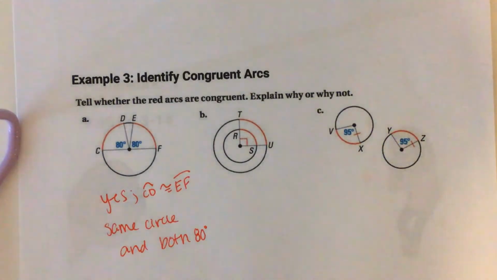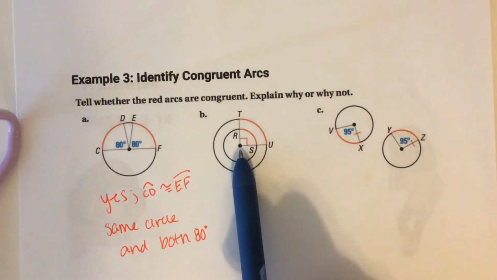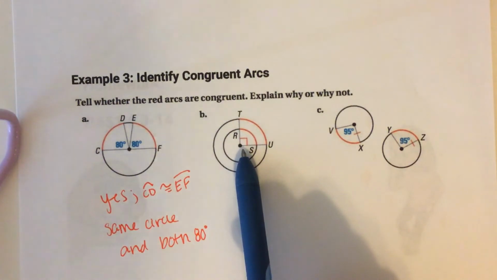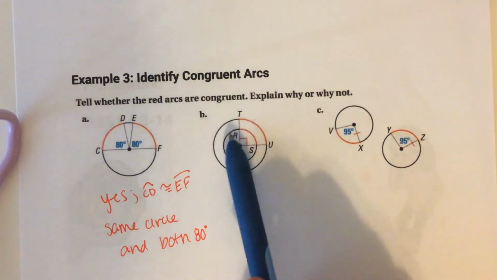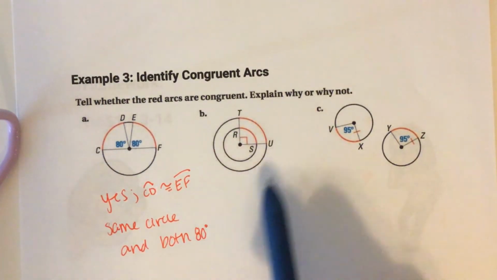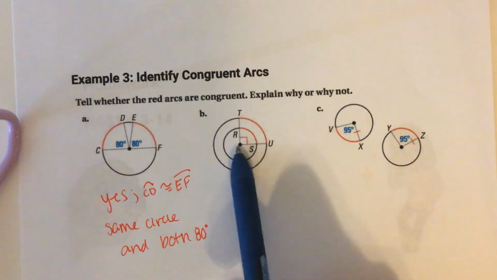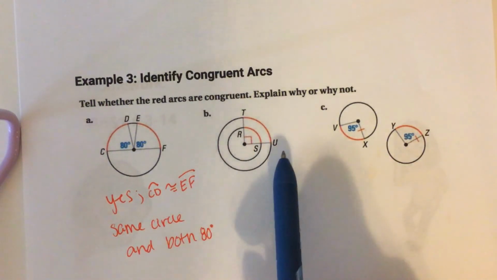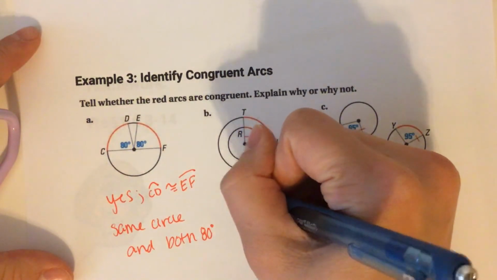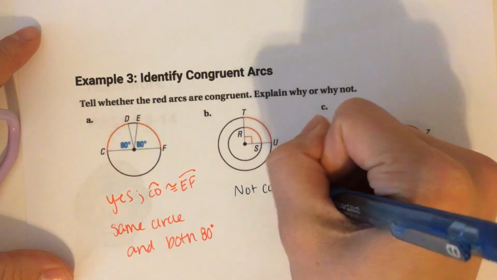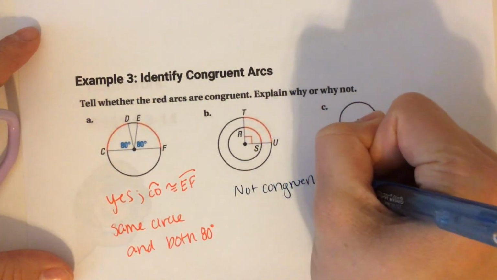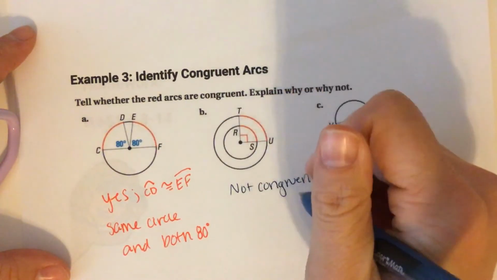Taking a look at part B here. Yes, they're both 90 degrees, but is this circle right here congruent to the larger circle around? No, the radiuses are not the same measure, so these arcs are not congruent because the circles are not congruent.